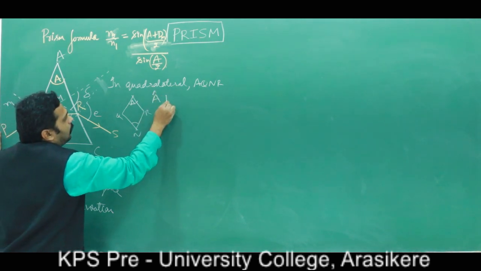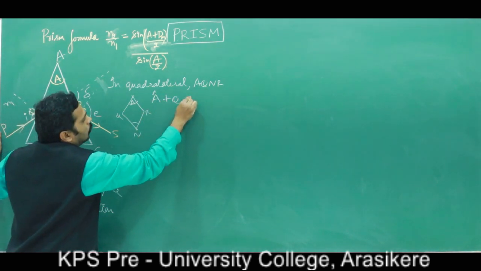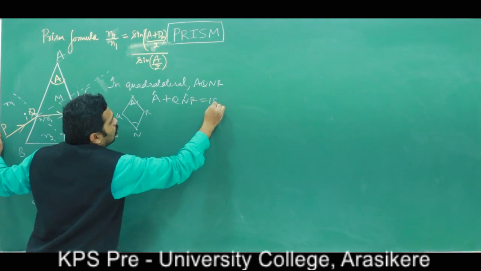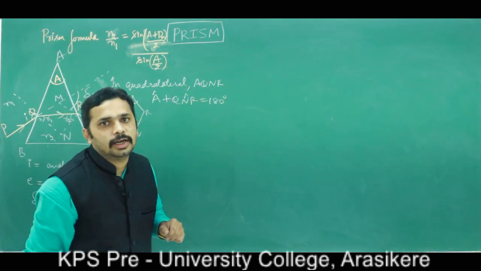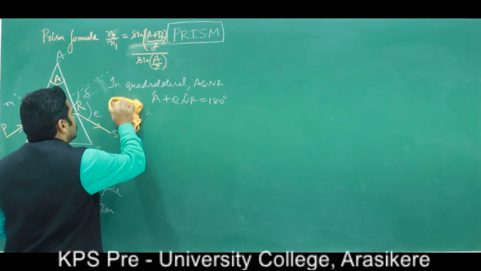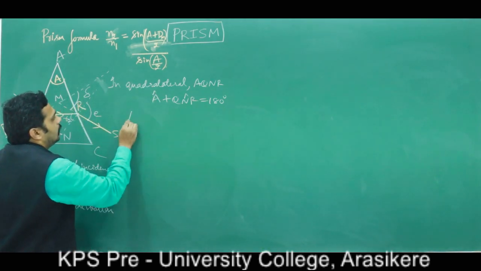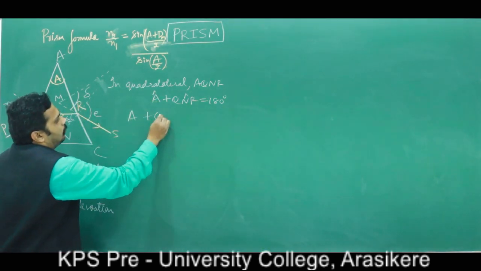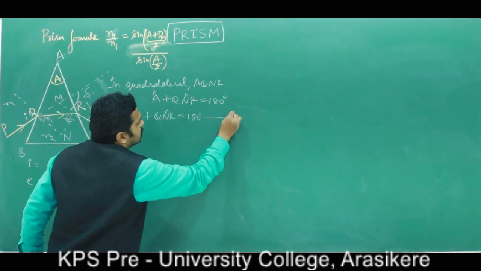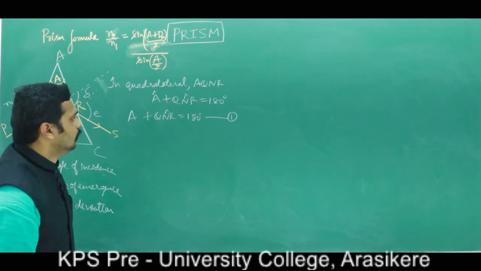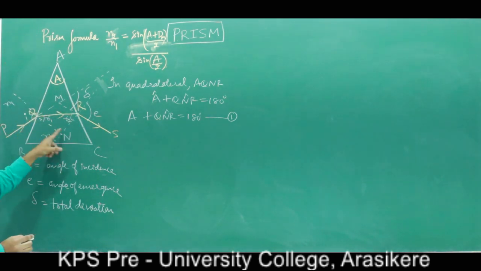Angle A plus angle QNR is equal to 180 degrees. Opposite angles in a quadrilateral sum to 180 degrees. Now this is angle A. This A plus QNR is equal to 180 degrees. This is equation 1.